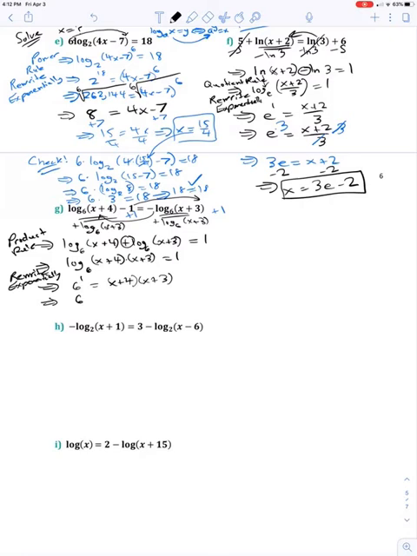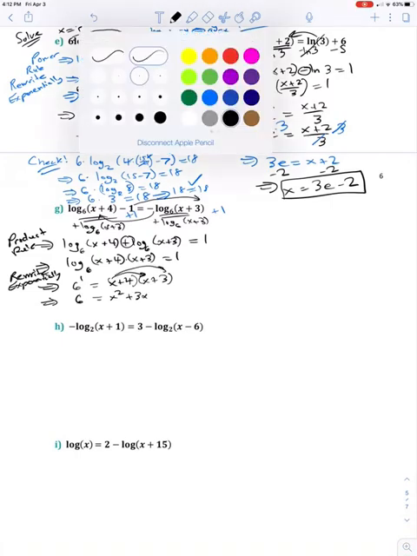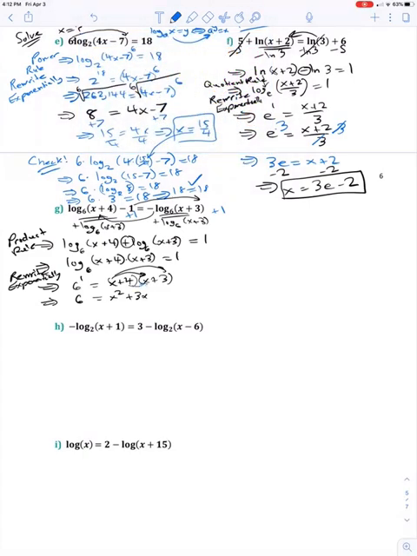Let's do the multiplication as we distribute. x times x is x squared, x times 3 is 3x. Then we'll distribute the 4 through: 4 times x is 4x, 4 times 3 is 12. So right now our equation reads 6 equal to x squared plus 7x plus 12.